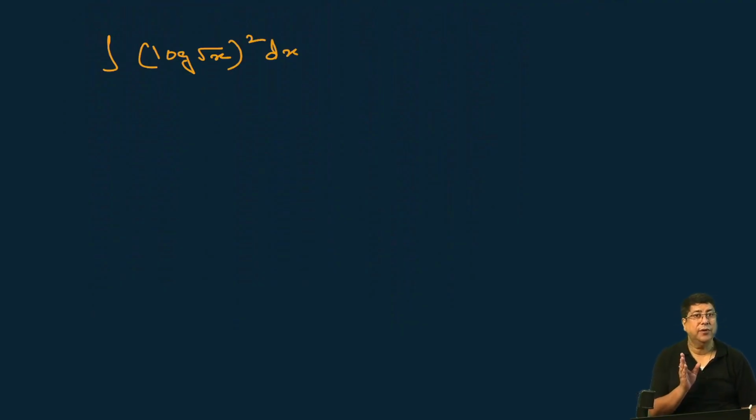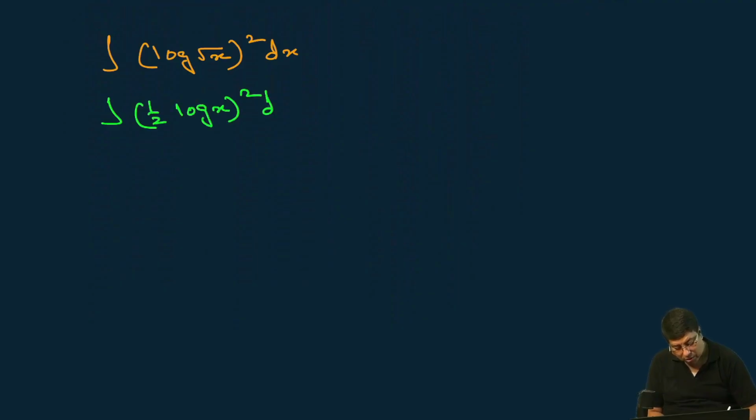First of all, first simplification, then integration. So we'll do like this: half log x, power is coming out, whole square dx, because we know that log of x to the power m equal to m log x, power is coming outside.